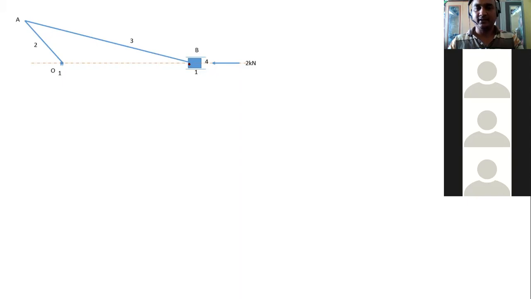But let us consider this particular point, the pin of the piston, which connects the connecting rod with the piston. On this pin, how many forces are there, that we have to now see. You can see one force is already given, 2 kilonewton, that is the piston effort.